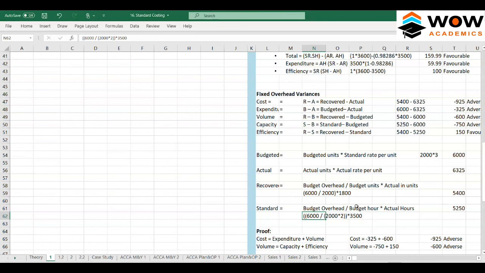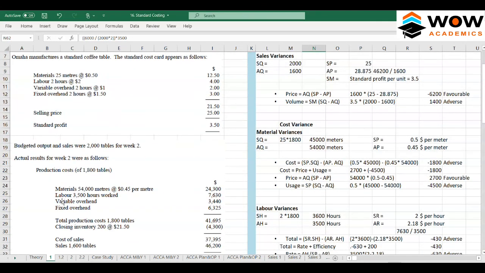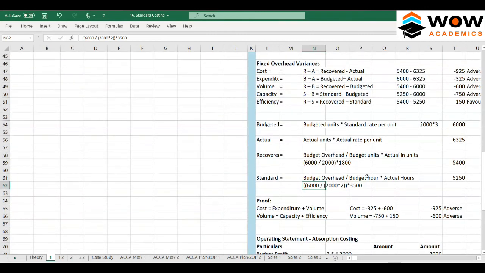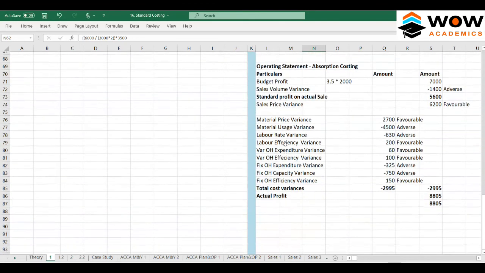How did we find out actual hours? The assumption is that since these two are equal, the labor hours would be flowing to variable and fixed overhead also. So we got our actual hours from labor hours. We found out everything, and then we found out the operating statement.